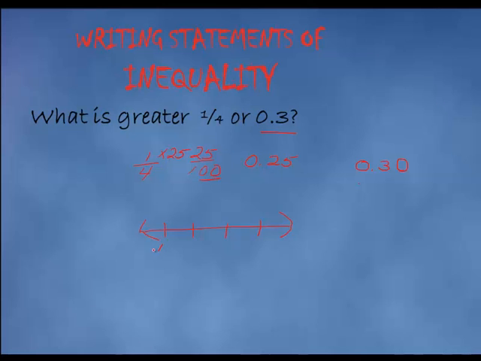This will be 0.1, 0.2, 0.3, 0.4. 0.25, it's going to be in the middle. So 1/4 is 0.25, and this is 0.3. So which one is greater? 0.3 is greater than 1/4.